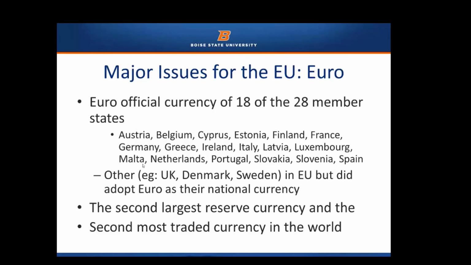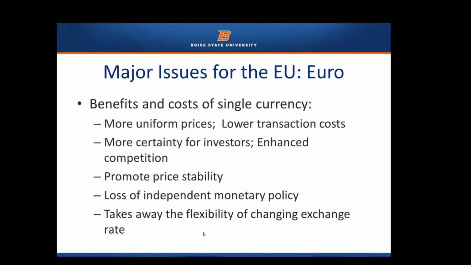So here's the list of them. Others, for example, Great Britain, it uses the British sterling, so it's in the European Union, but it's not part of the European Monetary Union. The euro is the second largest reserve currency in the world, the dollar being the most, and it's the second most traded currency in the world, the dollar being the most traded.